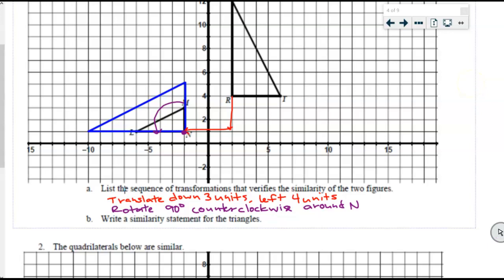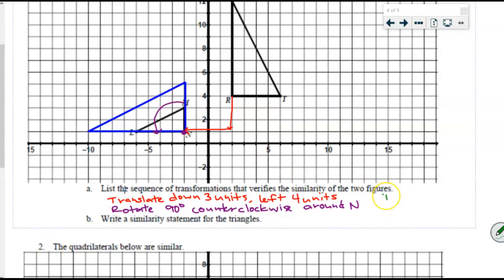I can see that it's set up nicely for a dilation because M and this would have been T, they're collinear, intersecting here at N. L and what would have been S are collinear, intersecting back here at N. And so we can see that N also would be that center of dilation.